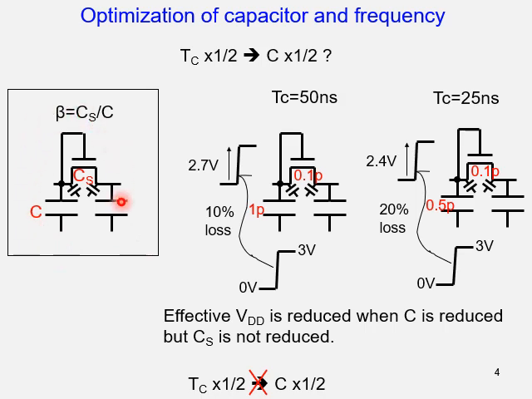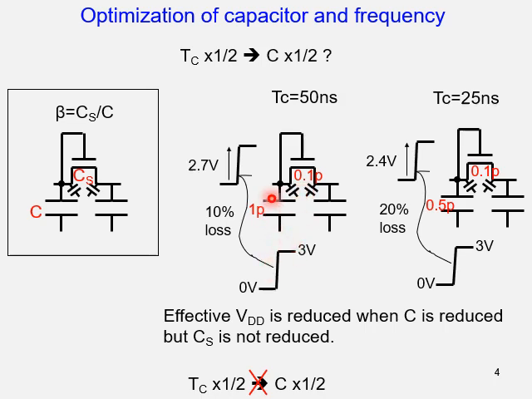So let's think about parasitic capacitance component CS at this node. Then parameter beta is introduced like this. When the clock amplitude is 3 volt, your capacitor size is 1 picofarad, and the parasitic element is 0.1 picofarad.